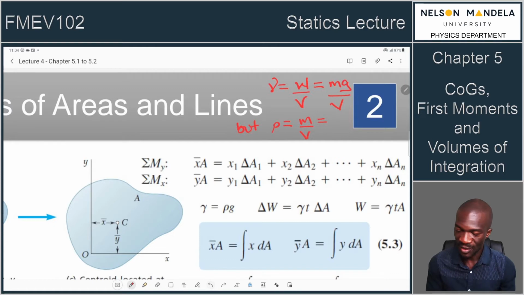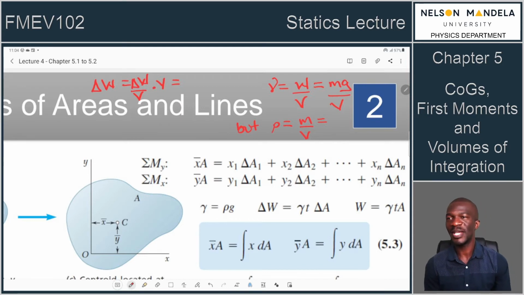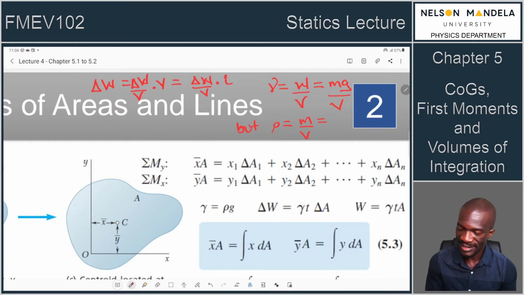This means that to get a small weight, we need the weight per unit volume multiplied by the volume of the object. The volume of the object is given by its thickness multiplied by its cross-sectional area.